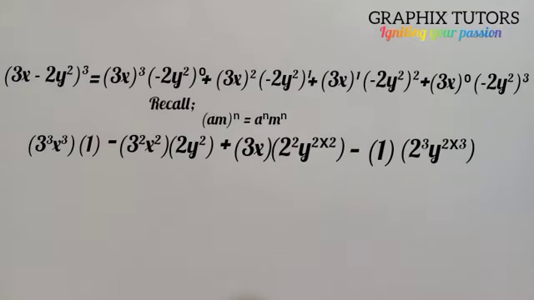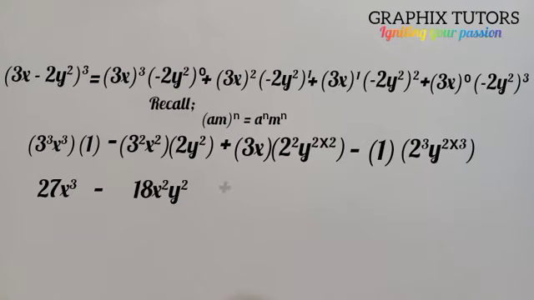Now from here, we know very well that 3 to the power of 3 is 27. So the x cubed still remains, and 27 times x cubed gives 27x cubed. Minus 3 to the power of 2 is 9, and 9 times 2 is 18. So we're having 18x squared y squared.